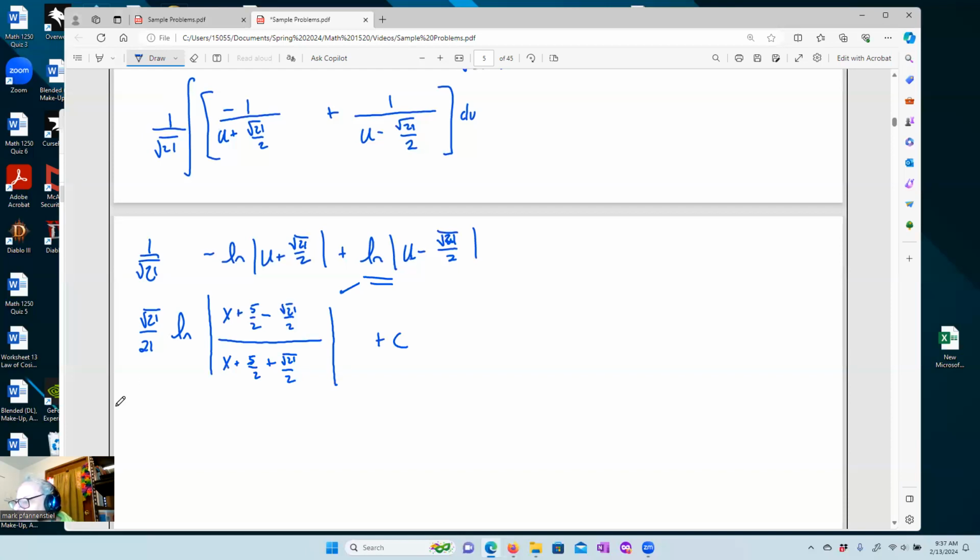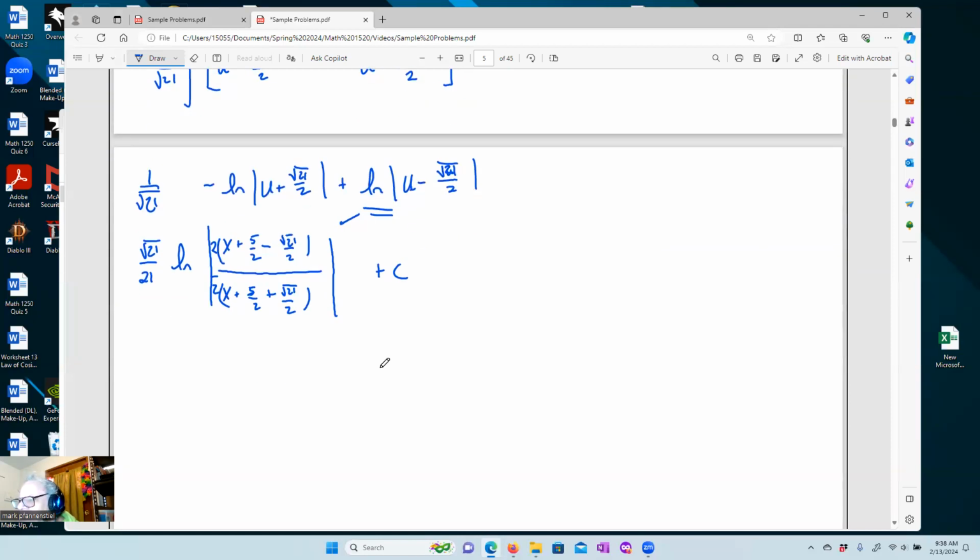Okay, the last thing I'm going to do here is I'm going to go ahead and multiply a 2 over a 2 inside of my natural log. Don't pull this out, but we're going to have a 2 on the inside of our natural log, 2 on the top, 2 on the bottom, just to get rid of all the fractions to make it look pretty. So we have the square root of 21 over 21.